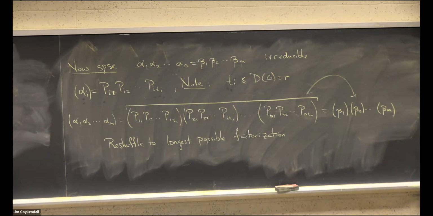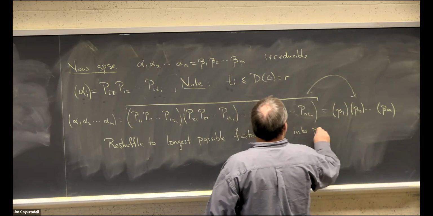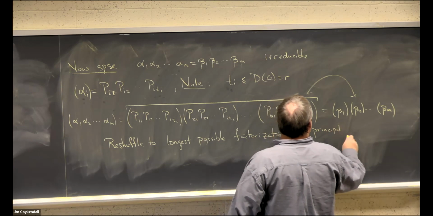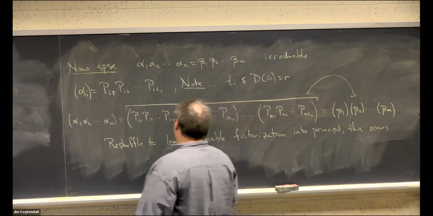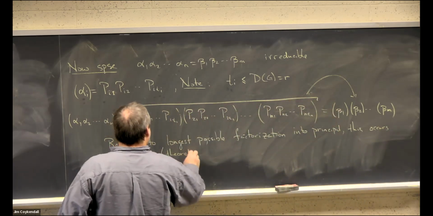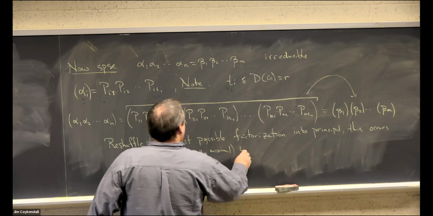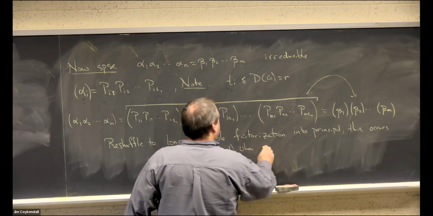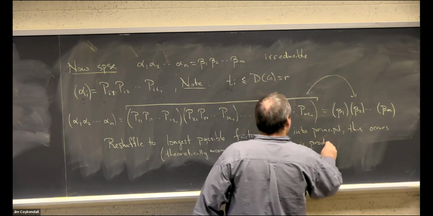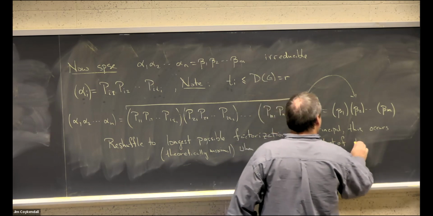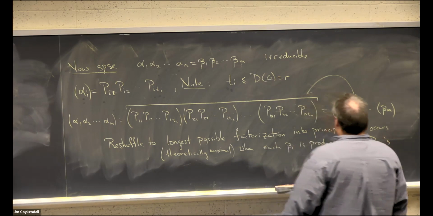So if I reshuffle to the longest possible factorization into elements, this occurs theoretically maximally when each beta I is a product of two, right?